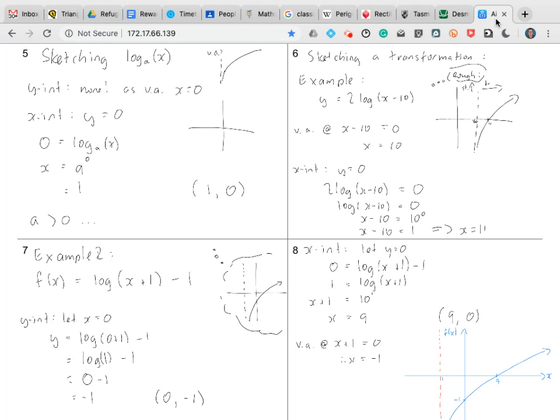But again, it's just a whole heap of practice. You've been doing this for weeks along weeks, just different functions, but it's the same process. What does the parent function look like? Once you've got that sorted out, the next question is, where's my x-intercept, y-intercept, and other special things? For a quadratic, it might be a turning point.